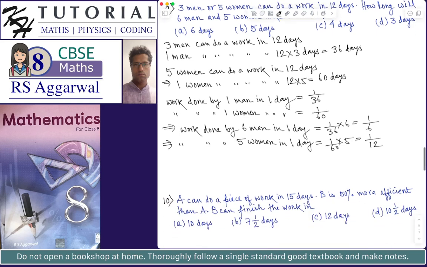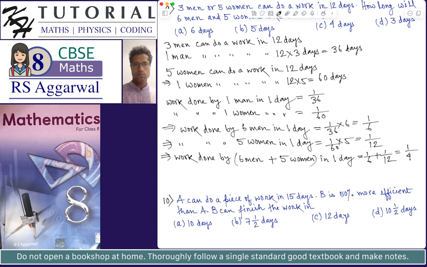Okay, so now we can see that work done by 6 men plus 5 women in one day will be equal to 1 by 6 plus 1 by 12. This is equal to 2 plus 1 by 12, that is 3 by 12, which is equal to 1 by 4.